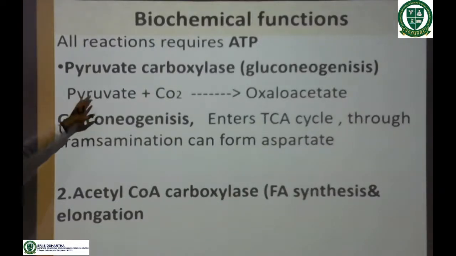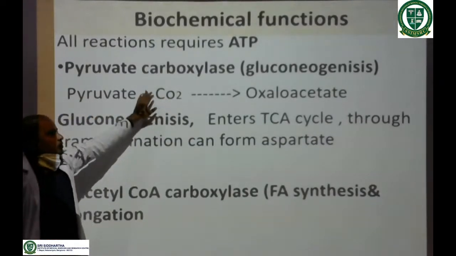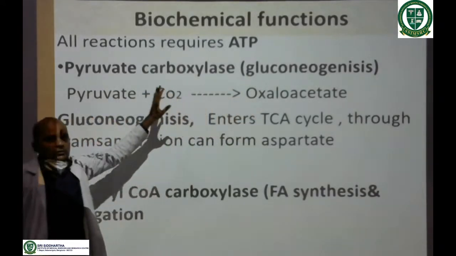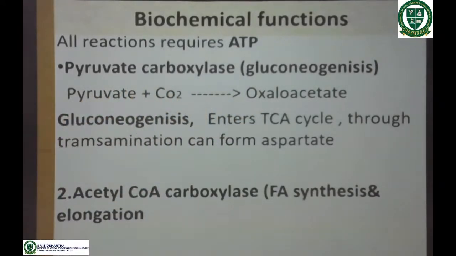Pyruvate along with carbon dioxide and biotin forms oxaloacetate. This oxaloacetate has various fates. It is used in gluconeogenesis, or else it enters the TCA cycle, or else it helps in the synthesis of the amino acid aspartate through a transamination reaction. The significance of oxaloacetate is mainly gluconeogenesis.